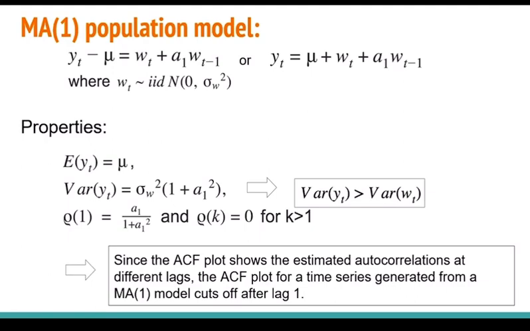Now there's something I want you to take note of. The other time when I was discussing the autoregressive model of order 1, we expect the autocorrelation function at different lags to decrease to 0, and we expect the partial autocorrelation function to cut off after lag 1. I'm going to say that again.